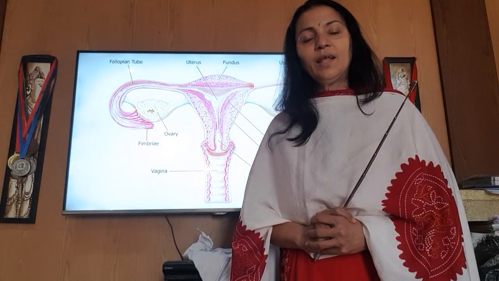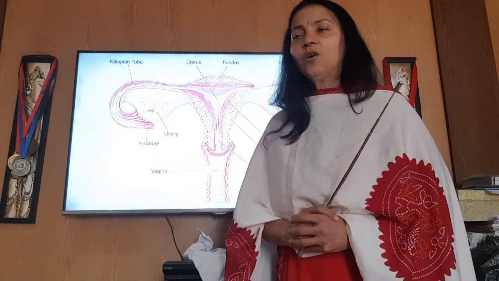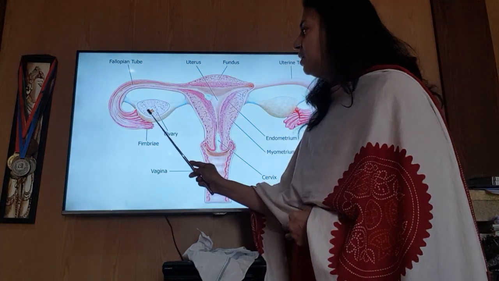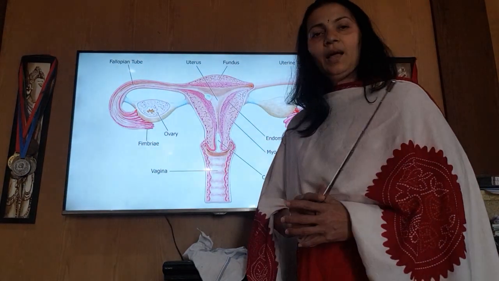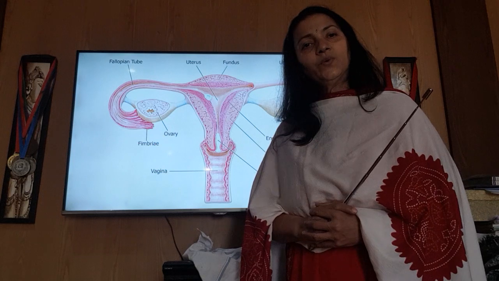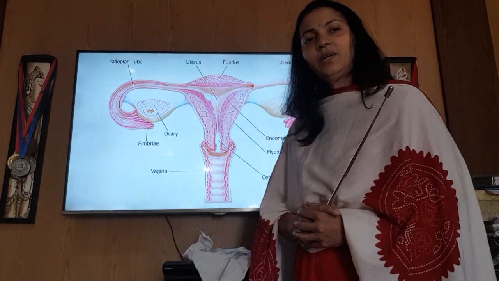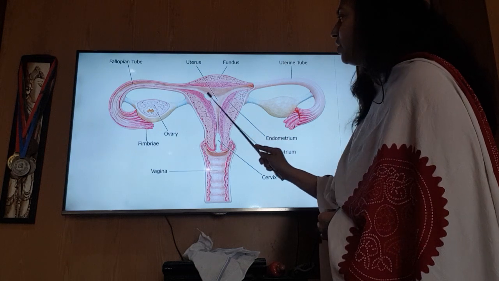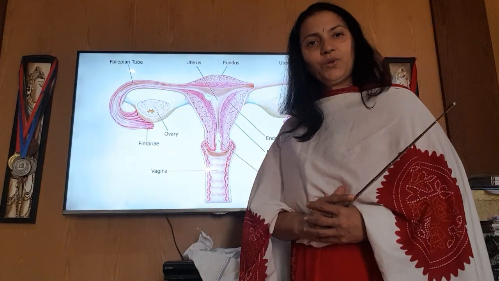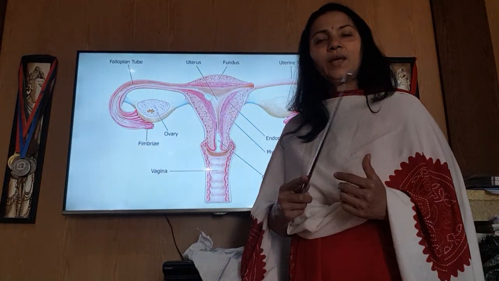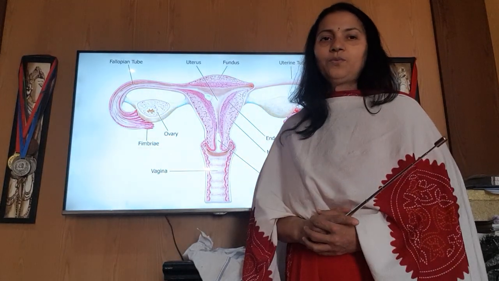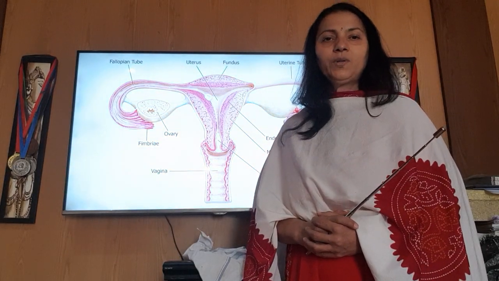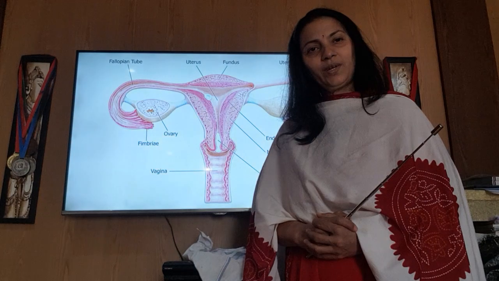But if fertilization doesn't occur, the corpus luteum will disintegrate, and then the new cycle will start after the endometrium of the uterus is shed off in menstruation. So again the new cycle will begin. So this was all about the anatomy of the ovary. Thank you.